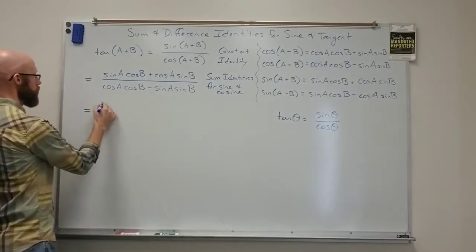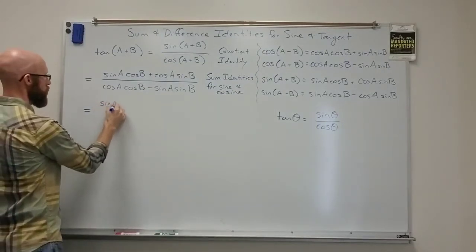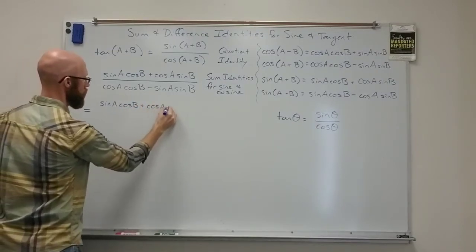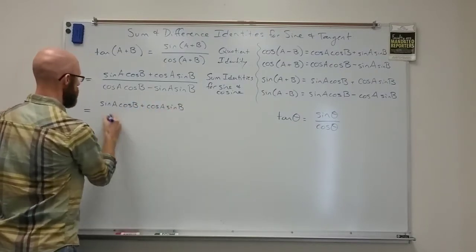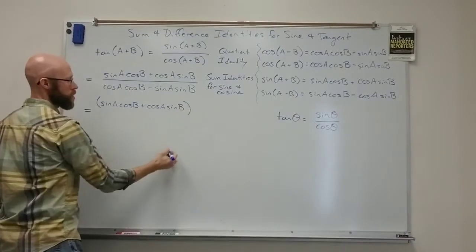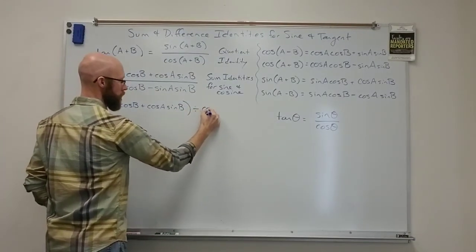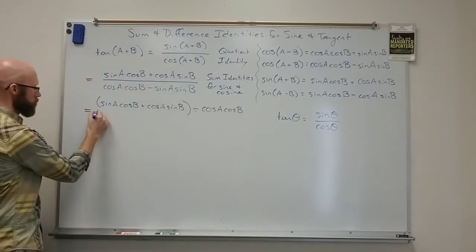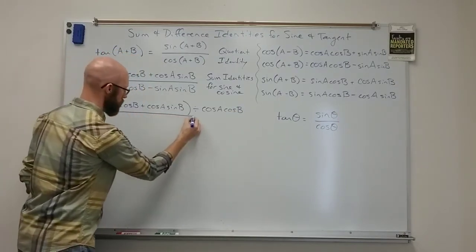We're going to say sine A cos B plus cos A sine B, and I'm going to take that whole expression and divide it by cos A cos B. And I'm going to do the same thing to the bottom.